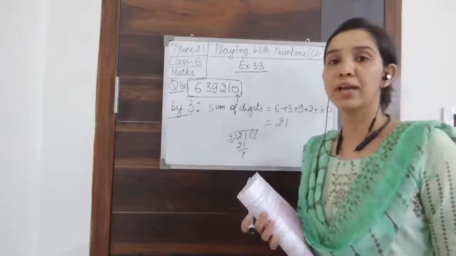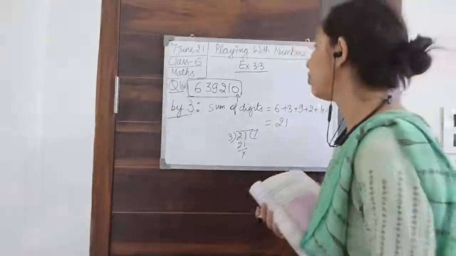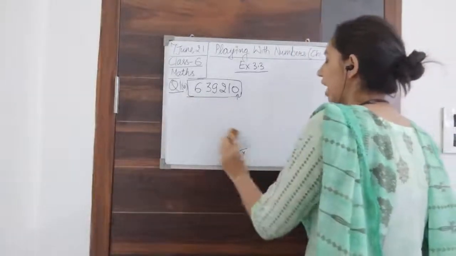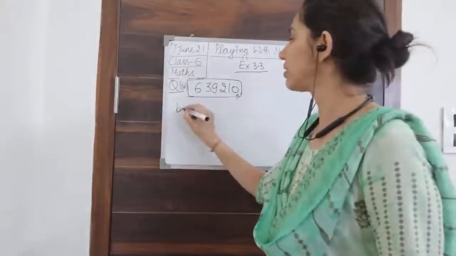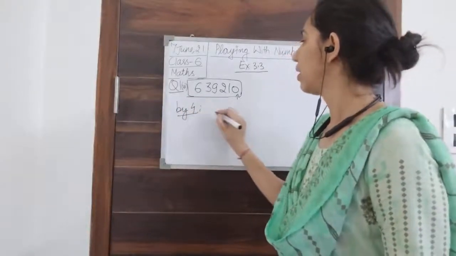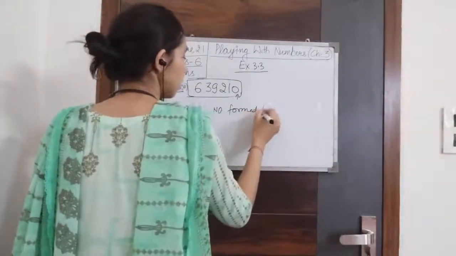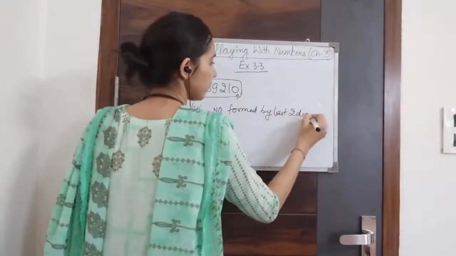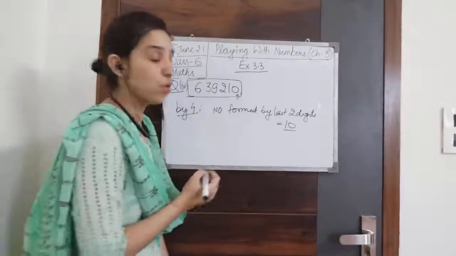For 4, what was the criteria? You have to find the number formed by the last two digits. The last two digits are 1 and 0, and the number formed by the last two digits is 10.